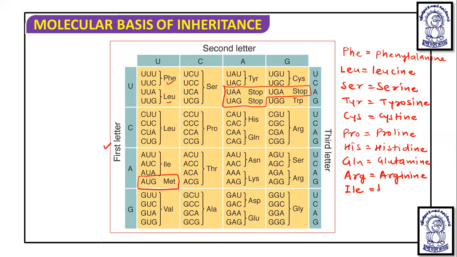ILE stands for isoleucine. MET stands for methionine. Then THR stands for threonine. ASN stands for asparagine. LYS for lysine.